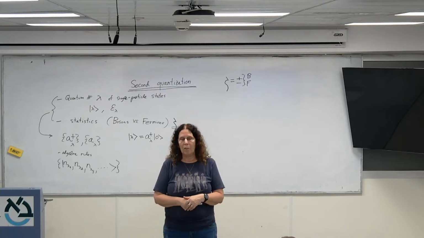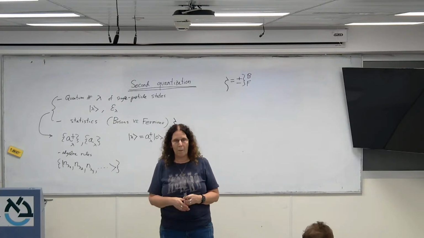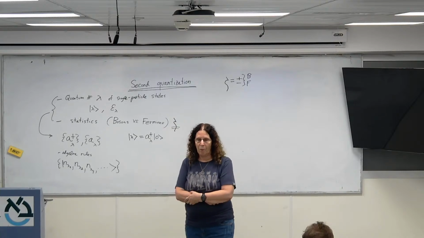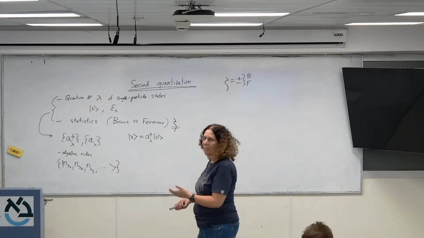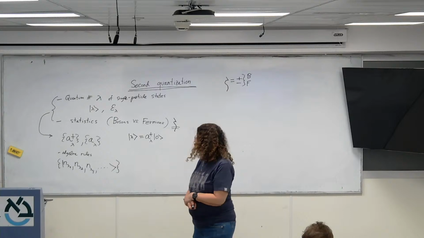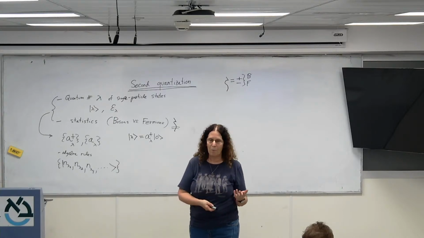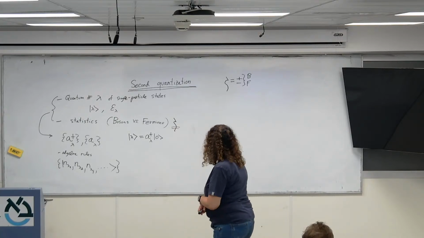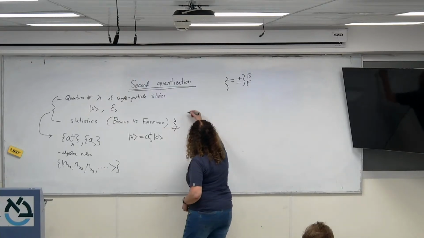If you know what A dagger does, or what A does when it acts on some arbitrary state, then you can work with it, and then you can ask what happens if I apply A dagger twice or 3 times. What I get if I apply A dagger A, which is the number operator. Okay?